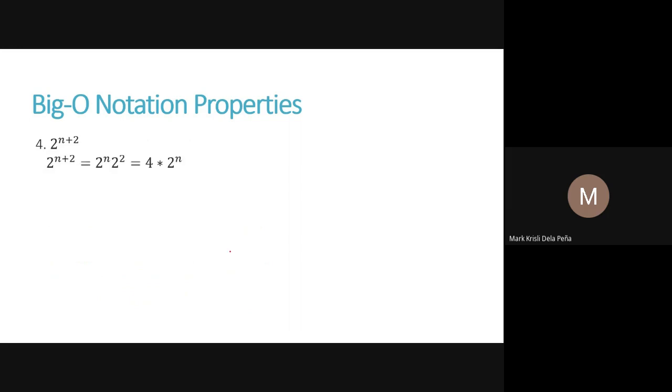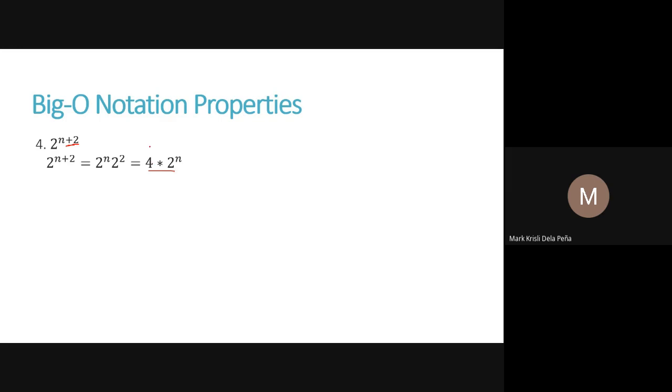Okay, how about if we encounter this type of situation wherein there's only one term and it's an exponential, so you have 2 to the power of n plus 2. We'll just have to separate this constant exponent so that the remaining would be the variable. So that will become 4 times 2 to the n.